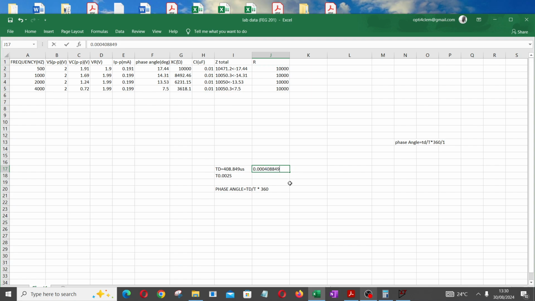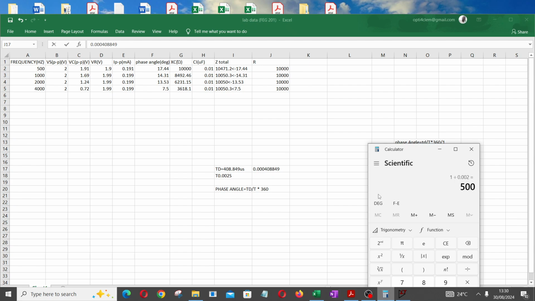If you put these values in your calculator, TD, 0.000408849, divided by the period, which is 0.002, then multiply by 360 degrees, it gives you 73.59.